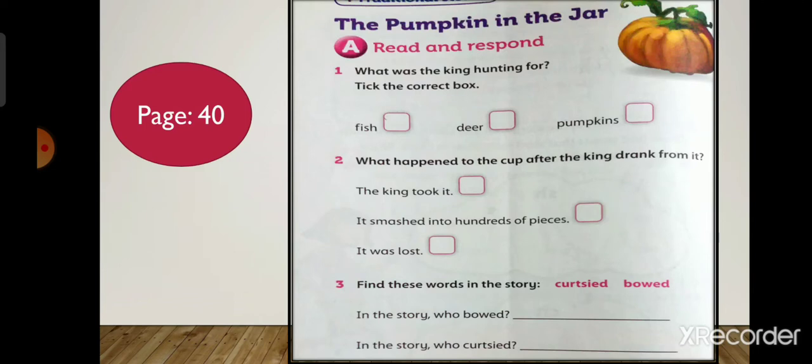Question number 3 is, find these words in the story. The first word is curtsied and the second word is bowed. Do you remember what is the meaning of curtsied? Yes, it is a formal way of greeting.